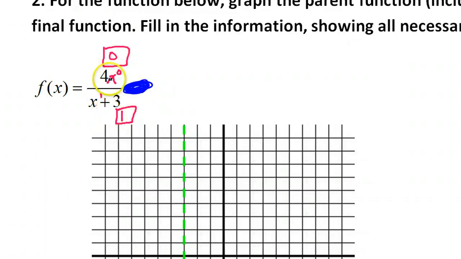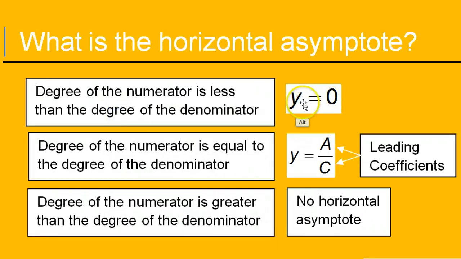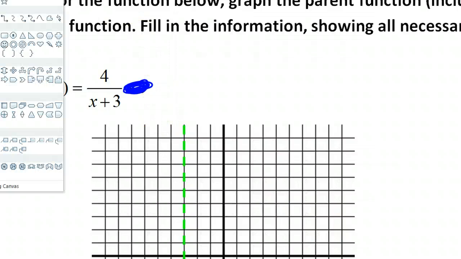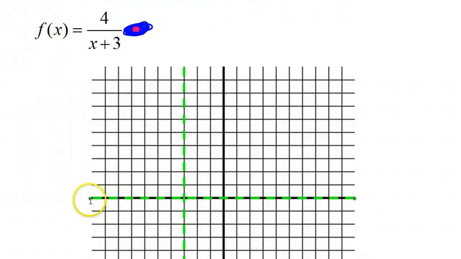So the degree of the top is less than the denominator. Therefore, we're in the y equals 0 situation. So we would have an asymptote at 0 if this were the function.